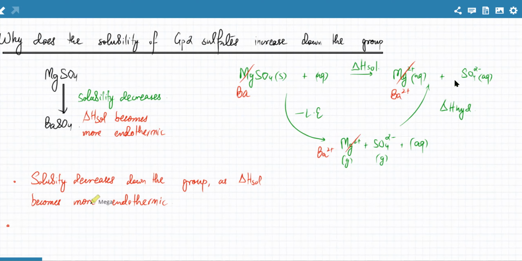So down the group, that's our second point: if you move down the group, cationic radius increases. The anion pretty much remains the same.